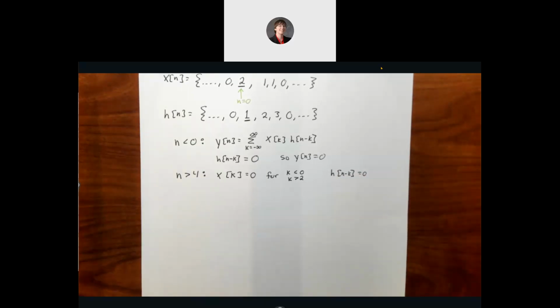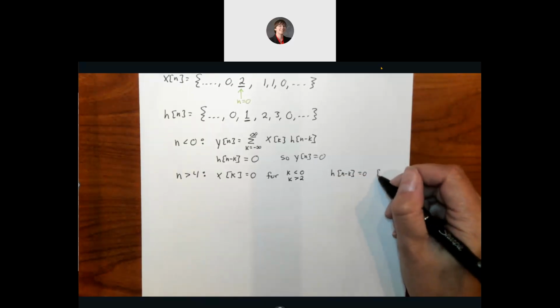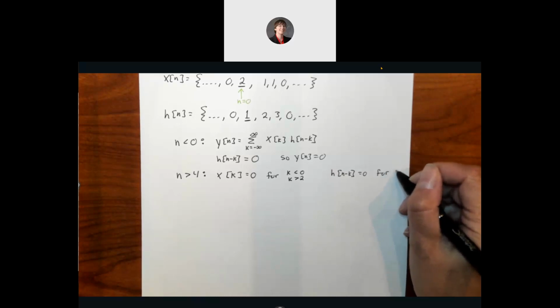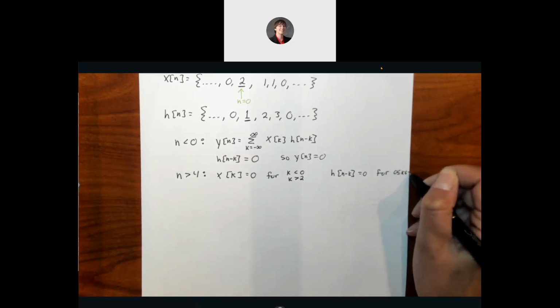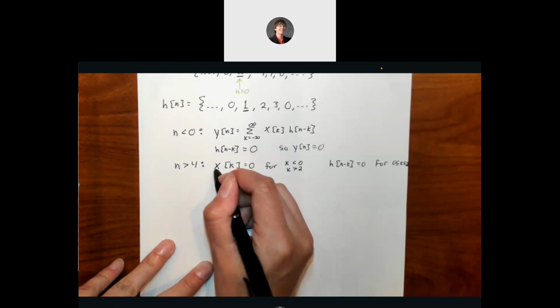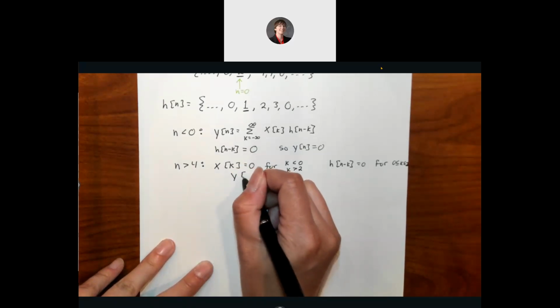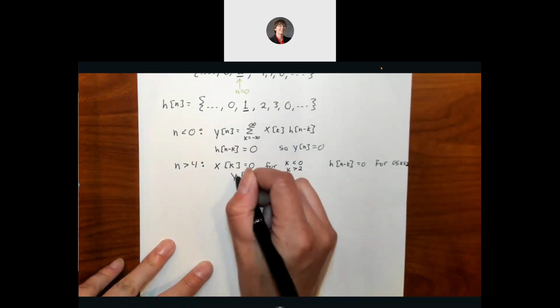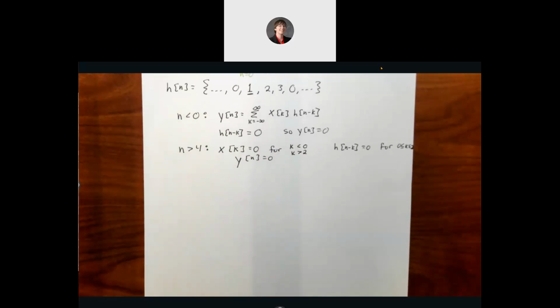And our h of n minus k for those cases is going to be 0 when our k is between 0 and 2. And so if you sketch each of these signals out, you can also visualize it that way. We'd get y of n equals 0.